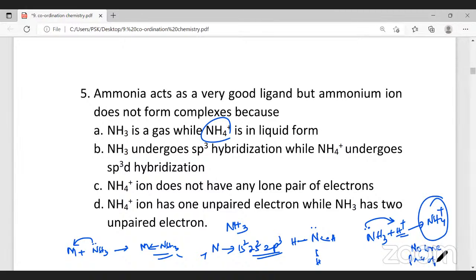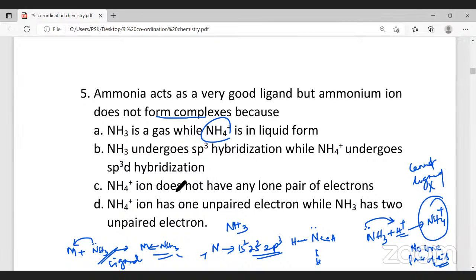Since it has no lone pair of electrons, this ammonium ion will not donate electrons to the metal. Therefore, a coordinate bond is not formed, or a complex is not formed. So ammonia can behave like a ligand, but ammonium ion cannot behave like a ligand because it does not contain a lone pair of electrons.